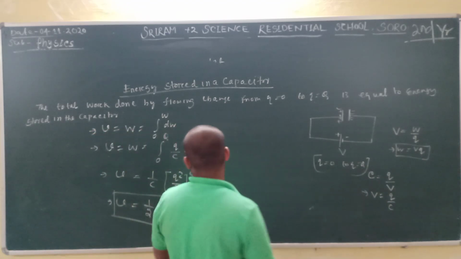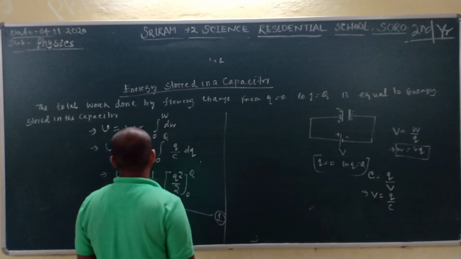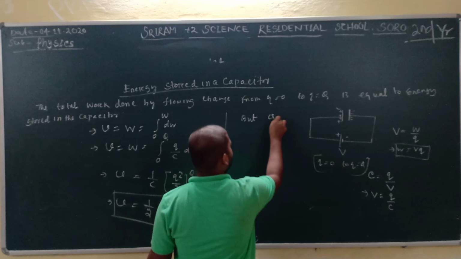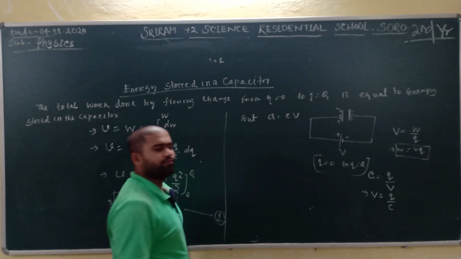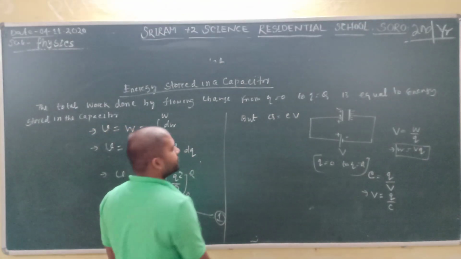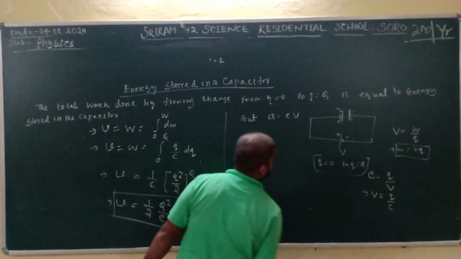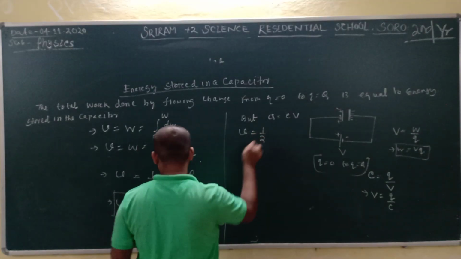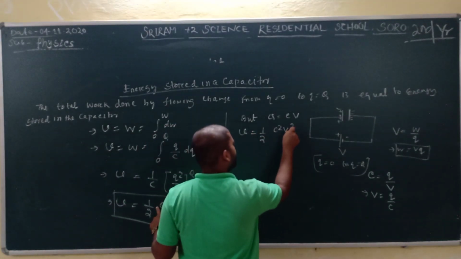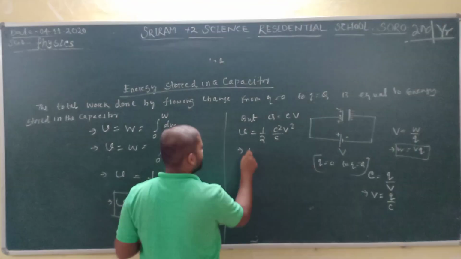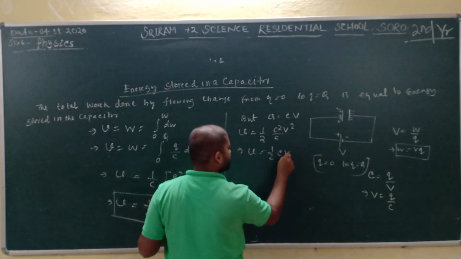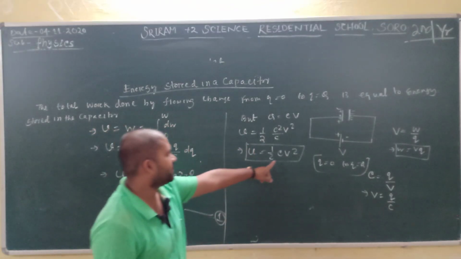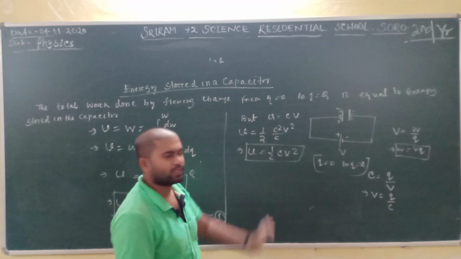We can also convert this expression into different forms. Writing this as equation 1, but Q equals CV, so U equals half C square V square divided by C. So U equals another expression, half CV square, which is the expression in terms of capacitance and potential.